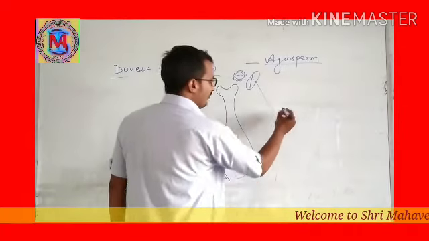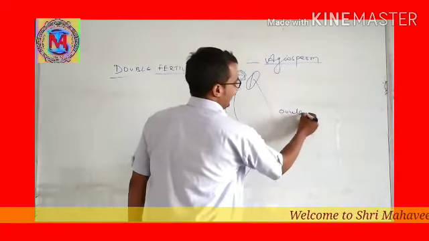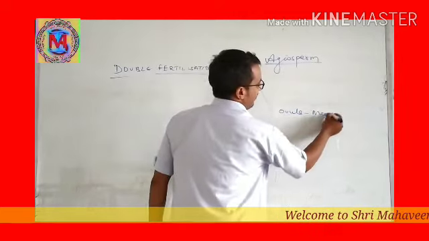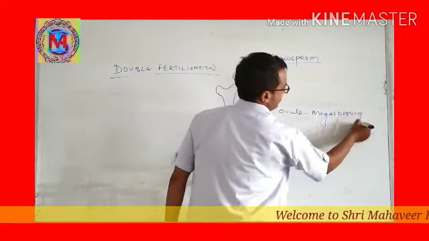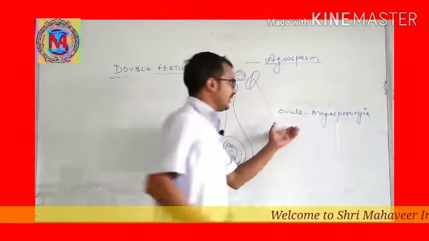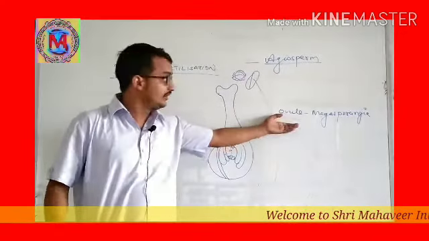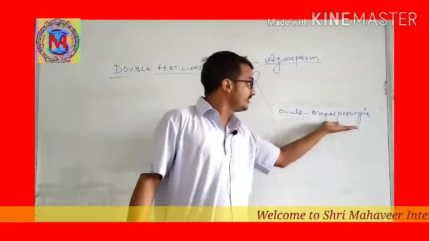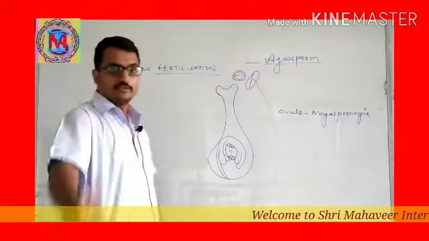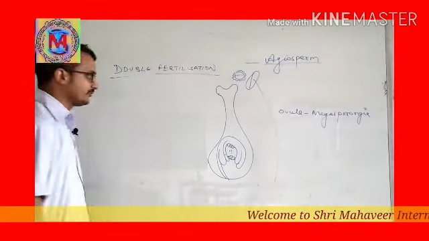The whole ovule is known as megasporangia. In general language we can say ovule, but in technical terms it is known as megasporangia. So let us discuss the structure of a megasporangium.